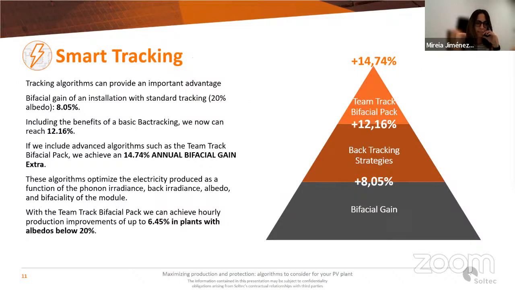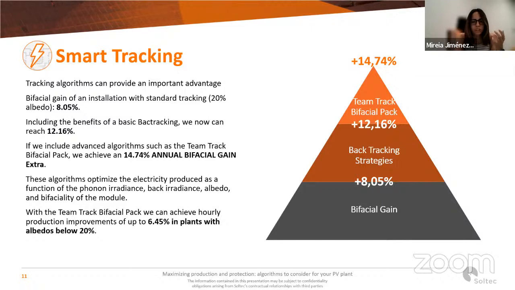And for smart tracking, again, you need to be sure that you are adding all of the algorithms that you can when we talk about trackers. So this is just a particular case for this scenario.